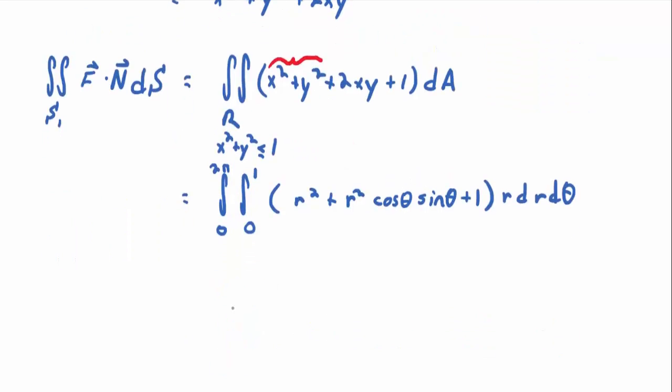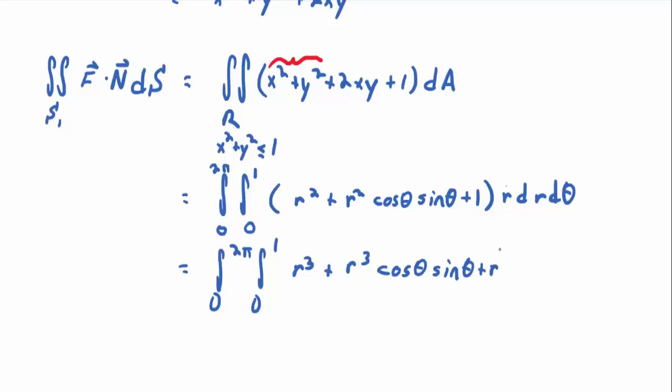And so this is the last part of it that I'll do for you. You're going to want to distribute that r, and you'll get r cubed plus this r right here, right? Plus r cubed cosine theta sine theta plus another r, right? And then d theta.